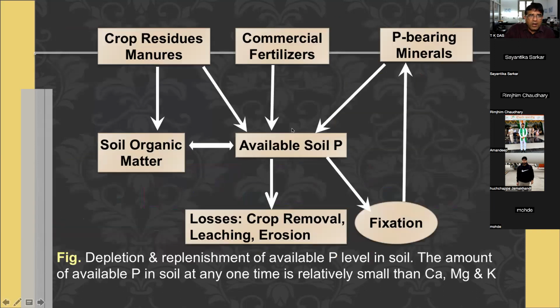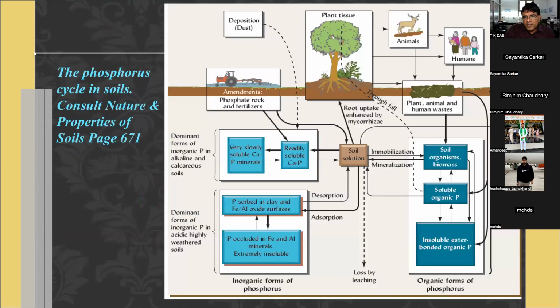So now you can see that it is also there. I already told you, see the phosphorus cycle in soil in The Nature and Properties of Soils, page 671. Please read page 671 for details. It is not possible to explain here, but try to understand yourself how phosphorus cycling in soil happens, how it comes in, how it goes out.